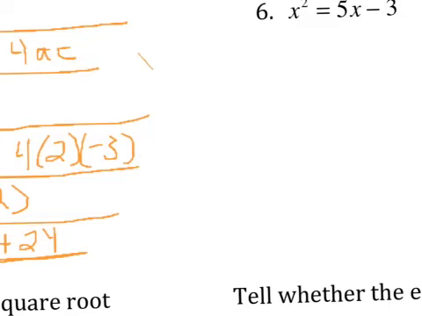So that is negative 7 plus or minus the square root of 49 plus 24, which will be 73, all over 4. And that is the furthest we can go because we cannot simplify the square root of 73. And you will not have a calculator during the final, so this is the final answer for this problem.